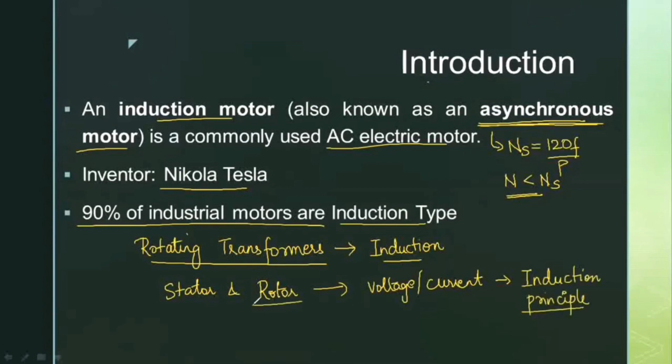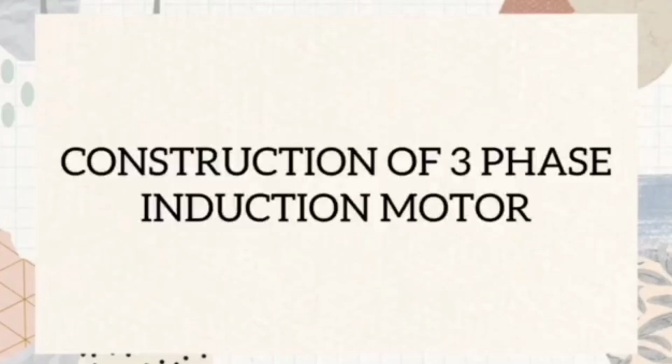We do not give any excitation to the rotor or the field winding. The voltage or current required to produce torque is directly induced from the stator winding by induction. That is why induction motors are also called rotating transformers.